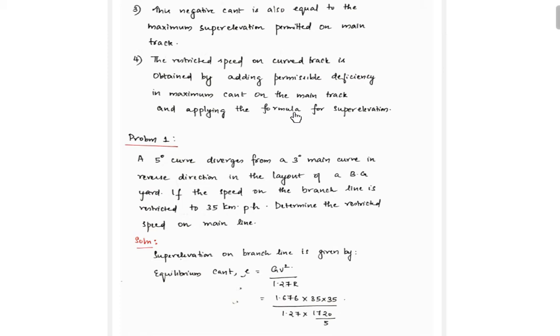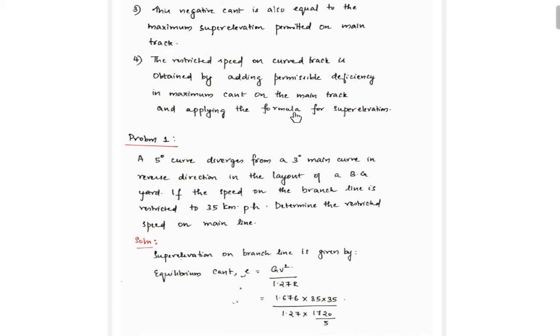Now in order to find out the restricted speed, you have to add this permissible cant deficiency to the maximum cant, and then apply this onto the formula for super elevation, and then you can find out the speed. So these are the steps being followed. While doing the problem, you will understand what the steps clearly mean.